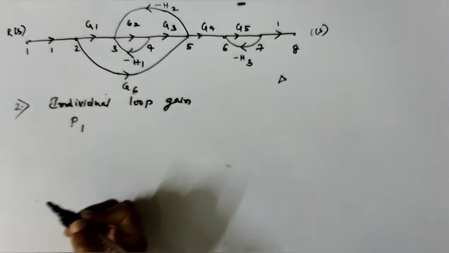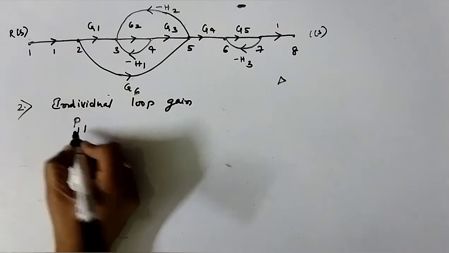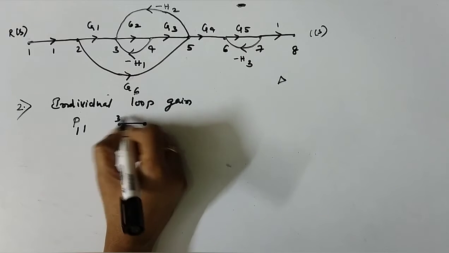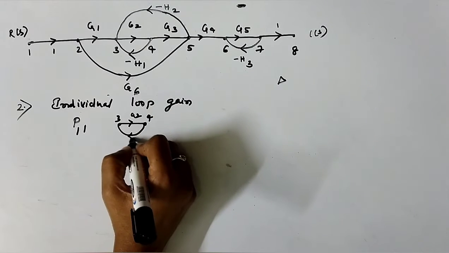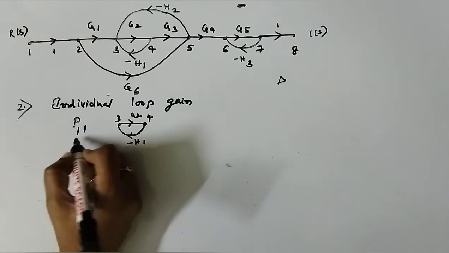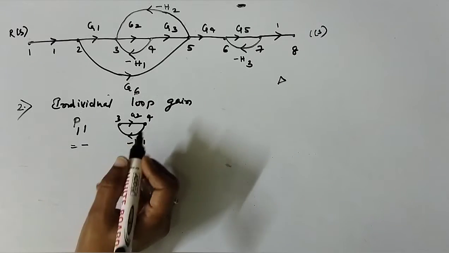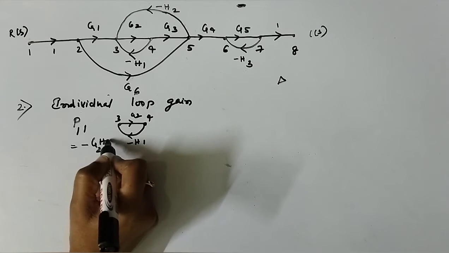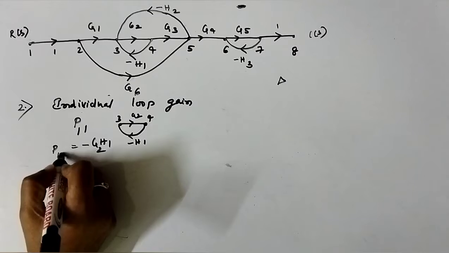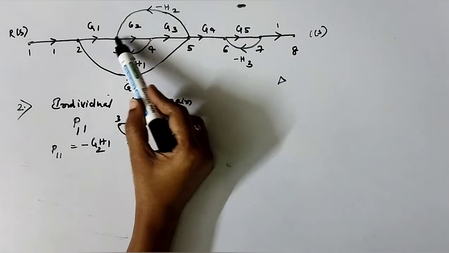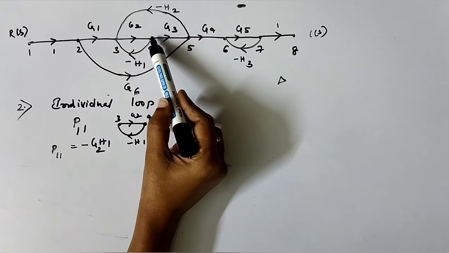So I represent the graph for this: between 3 and 4 is G2, and this is minus H1. So P11 is nothing but minus just G2 into H1.